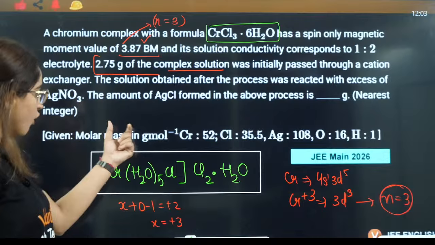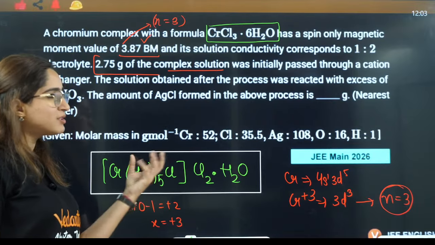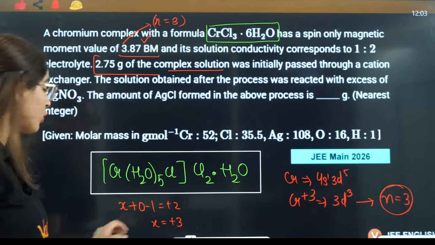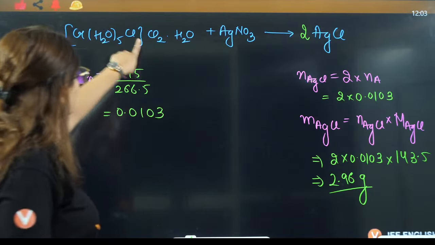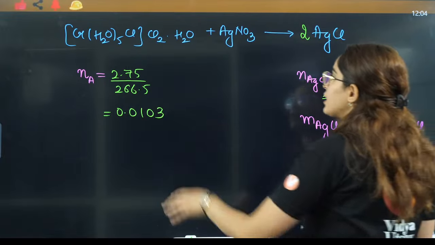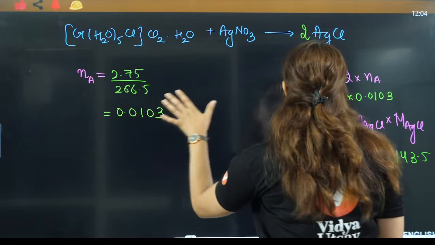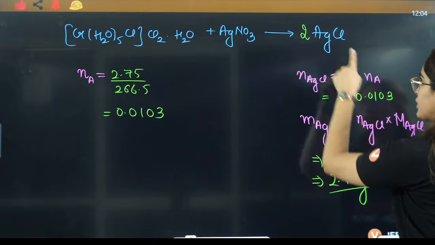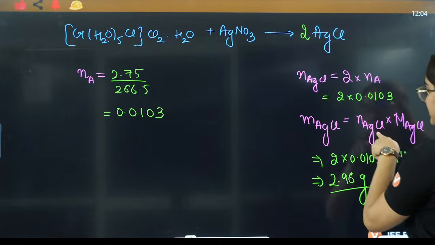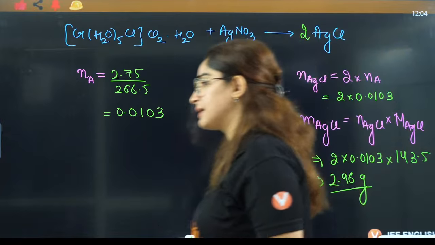First you should get an idea about the compound, then you should verify that your compound is correct or not, and after that if 2 Cl are outside, that means 2 AgCl will be formed here, right? So number of moles of this you will calculate, number of moles of AgCl will be 2 into that, and mass will be number of moles of AgCl multiplied by the molar mass, right?